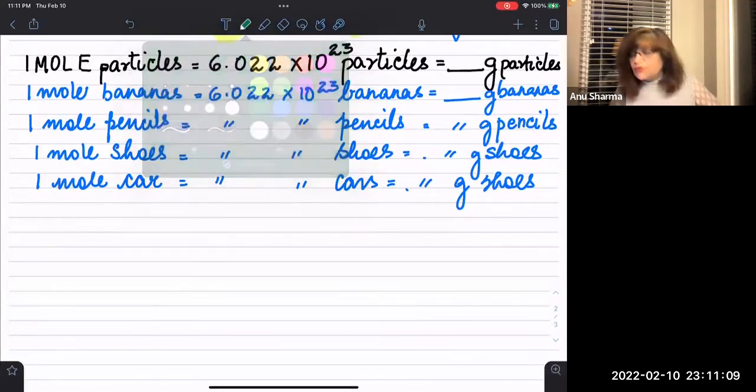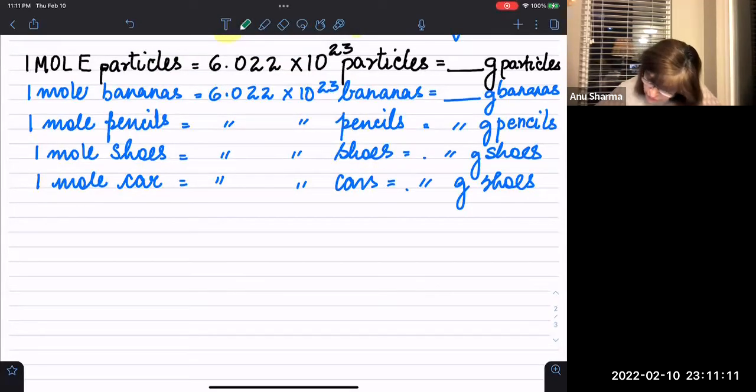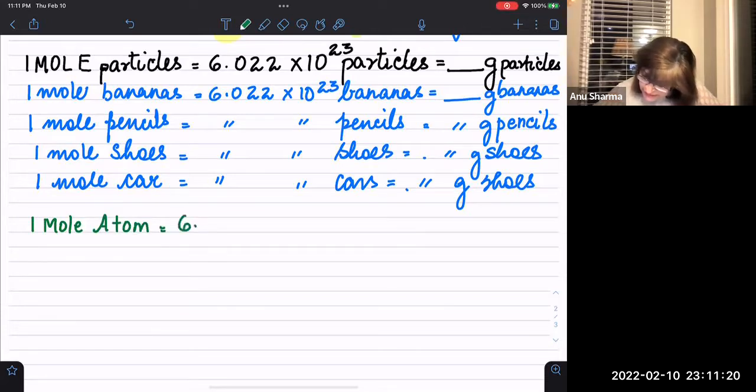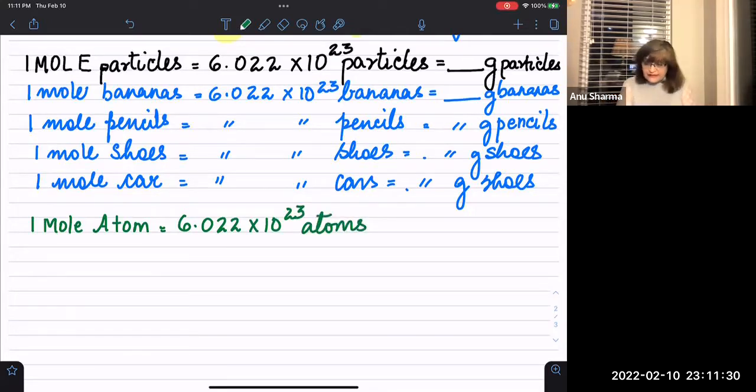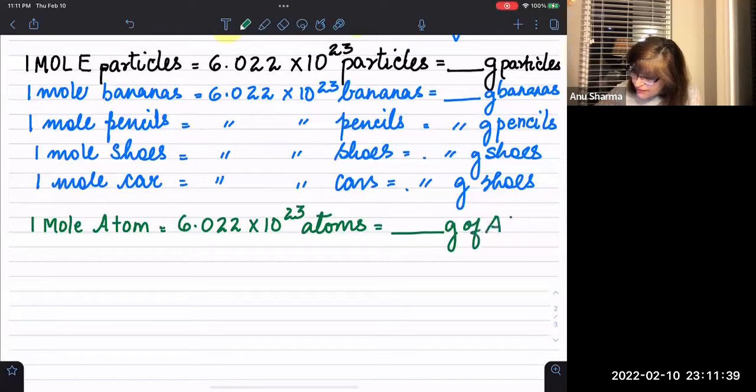Now, let's move on to the applications of the moles in the atomic world. So 1 mole of an atom is equal to Avogadro's number, 6.022 times 10 to the power 23 atoms. 1 mole of atom is Avogadro's number of atoms, and whatever atom it is, the weight of that atom in grams. So grams of atom, whatever the weight is, that many atoms.